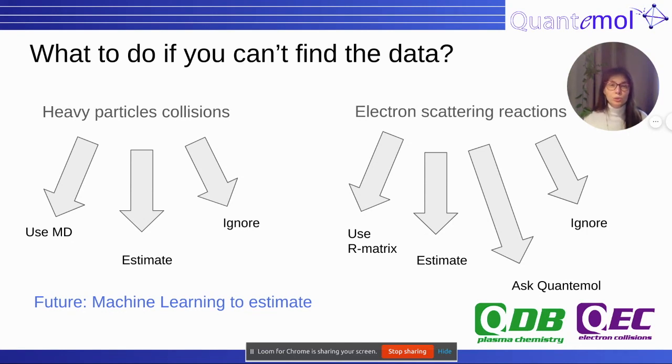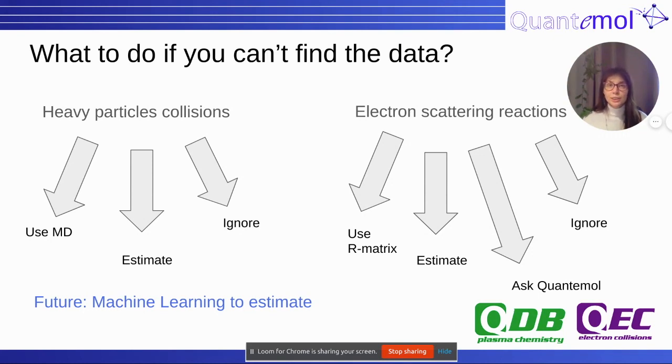In case of electron scattering, there are also trustworthy methods like R-matrix to calculate cross-sections. And in case of heavy particle collisions, there may be cases where molecular dynamics simulation will work. Feel free to ask us. We have tools to calculate electron scattering data, and we are working on tools, including machine learning, to estimate data for heavy particle collisions.